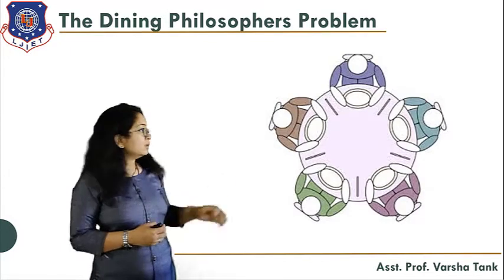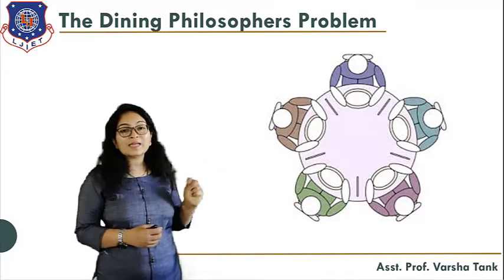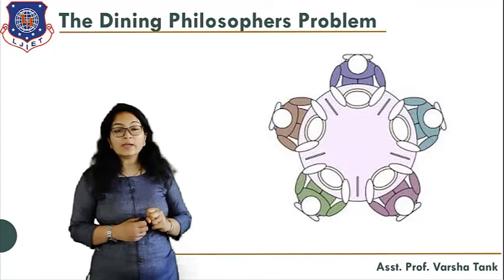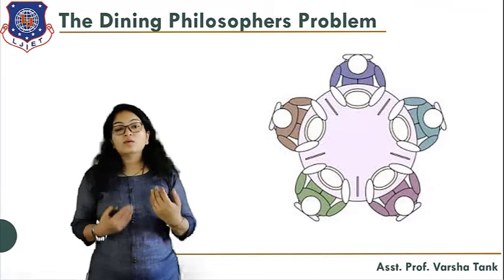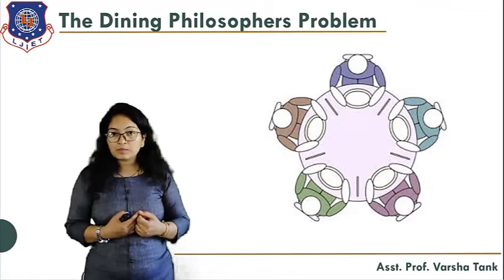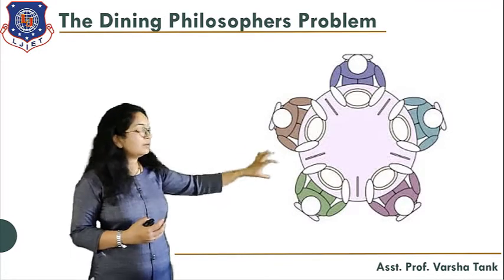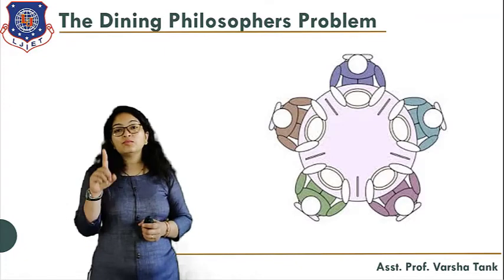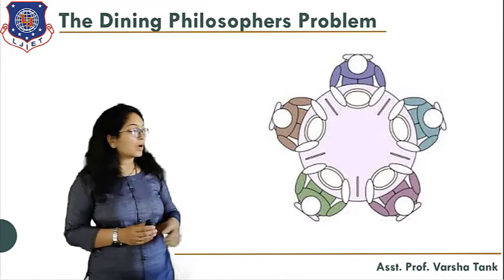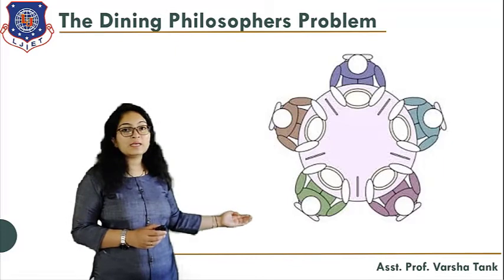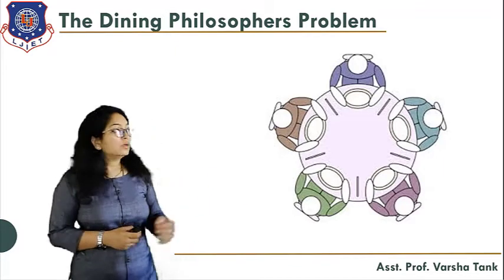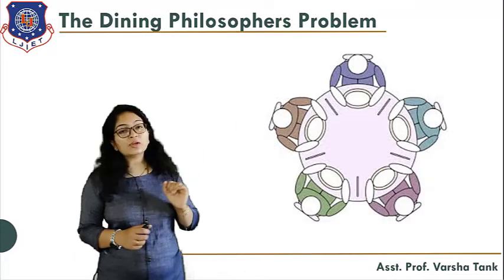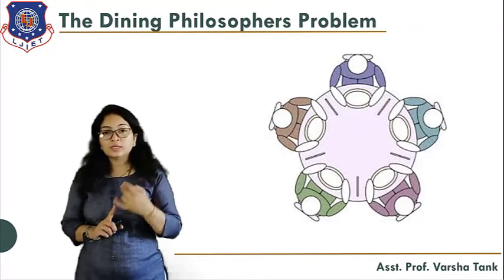If this philosopher takes the 2 chopsticks, and at the same time the neighboring philosopher wants to eat the meal, that philosopher only has 1 chopstick available, because the right-hand side chopstick is used by this philosopher.